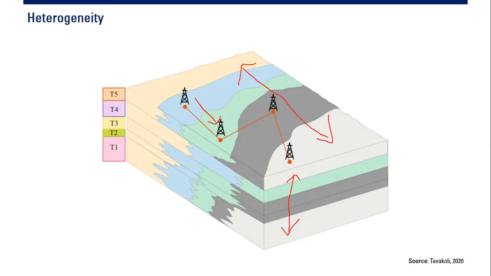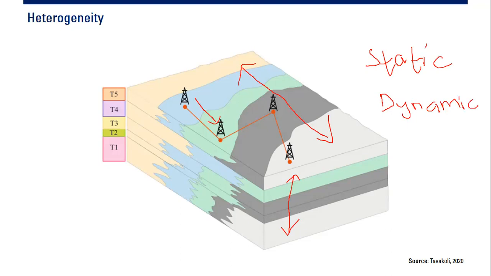So heterogeneity can be in terms of static properties like permeability, porosity, and it can also be heterogeneous based on dynamic properties like water cut, pressure, and so on and so forth.